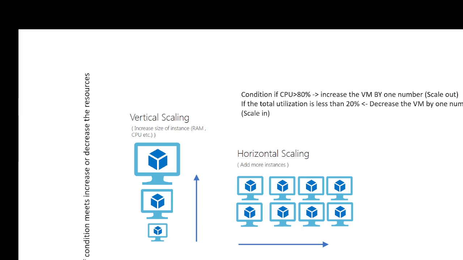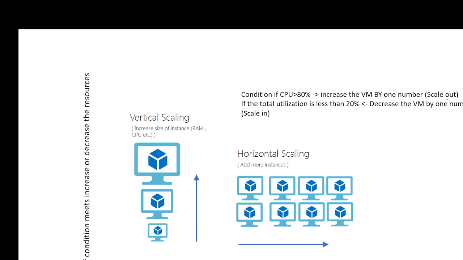This is called scale out, because you are expanding your virtual machines, or increasing your virtual machine count. Out means bigger. If the total utilization is less than 20%, then decrease the VM by one number. So increasing we call scale out, decreasing we call scale in.